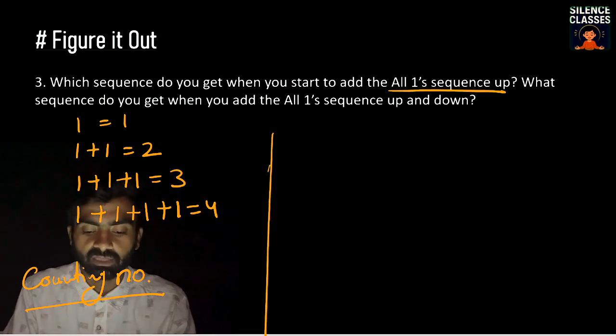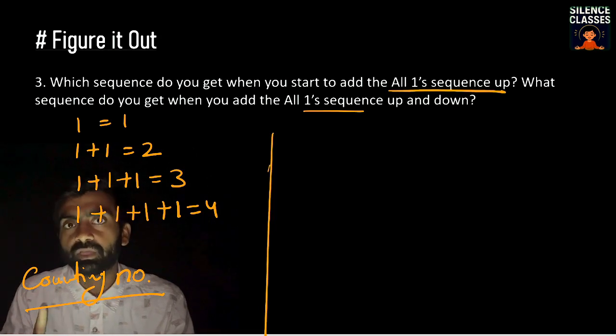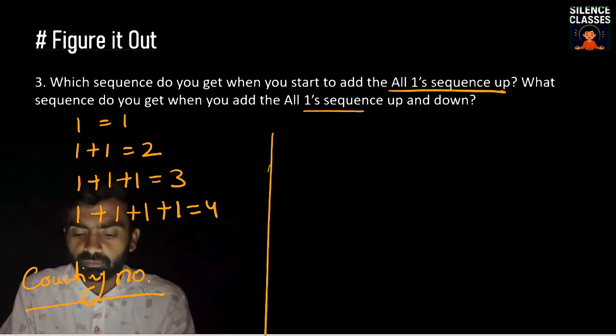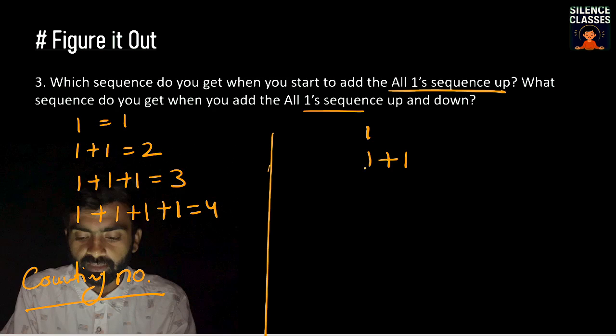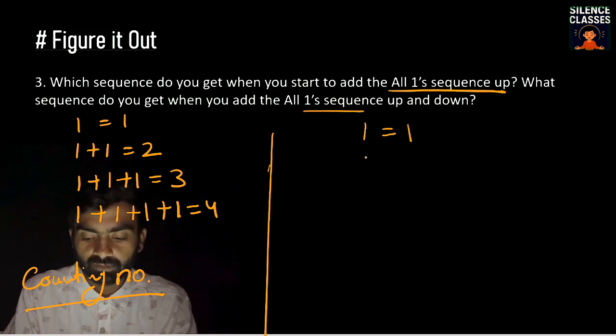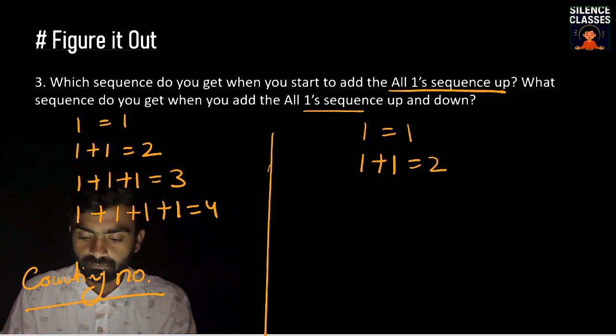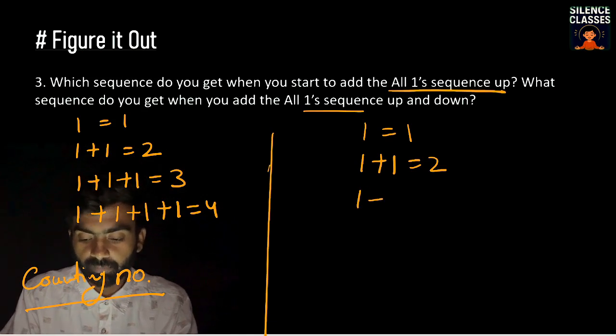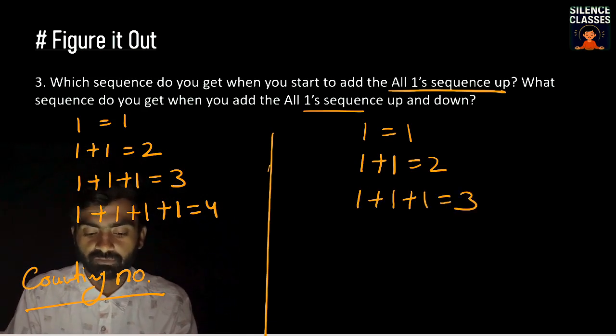Now the second question is saying, we will add 1 in the sequence of up and down, but we only have to add 1, so there is no problem. We write 1 plus 1 up and down, 1 is equal to 1. Then 1 plus 1, we get 2. 1 plus 1 plus 1, we get 3.